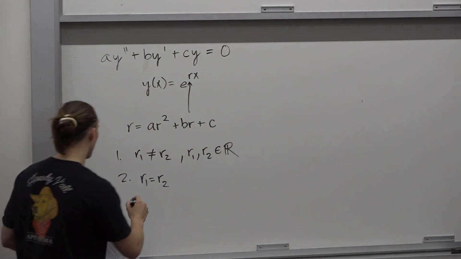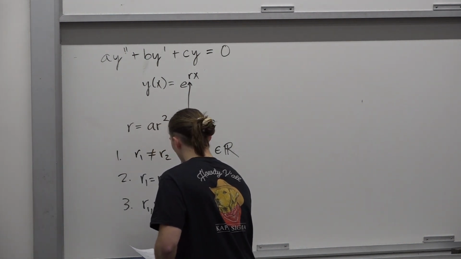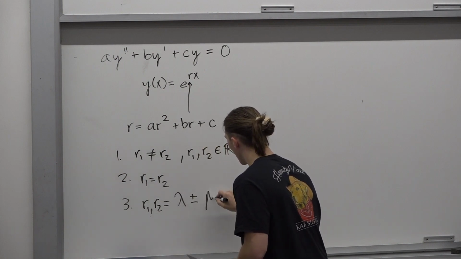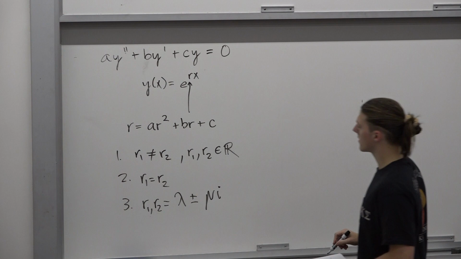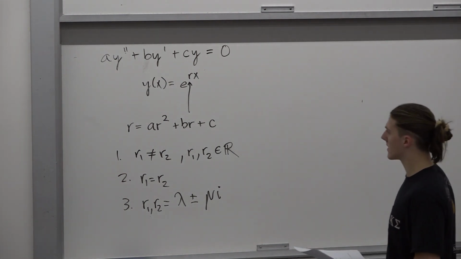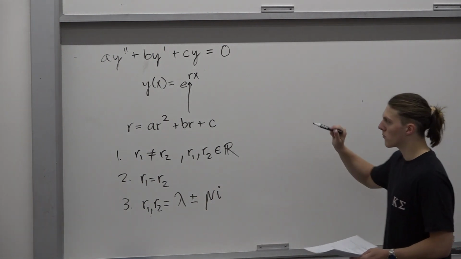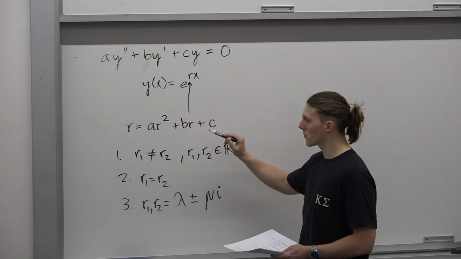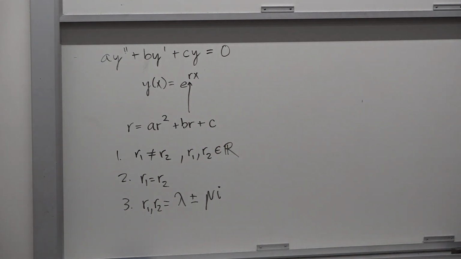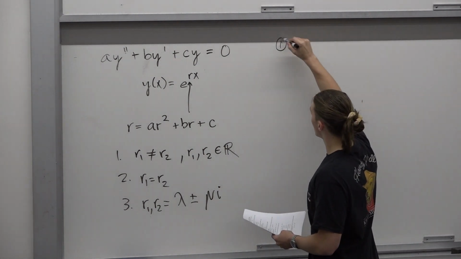And finally we have complex roots, where r1 and r2 are in the form of some lambda plus or minus mu i. These are our three cases, and the approach to this problem is pretty much the same every single time. Immediately figure out the characteristic polynomial, figure out which case it's in, and then we have a specific solution for each.